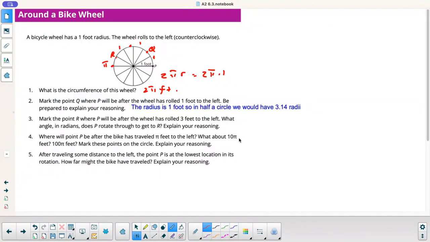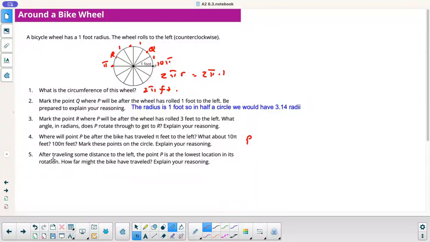Pi feet to the left. What about 10 pi feet? So 10 pi feet would be like 1 pi, 2 pi, 3 pi, 4 pi, 5, 6 pi, 7 pi, 8 pi, 9 pi, 10 pi. 10 pi would be right there. That'd be point P.